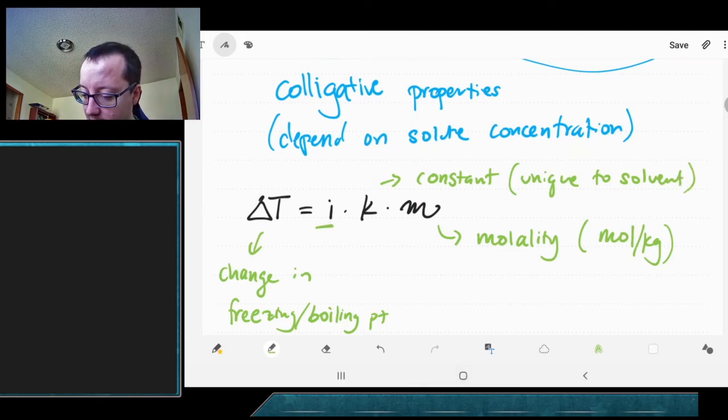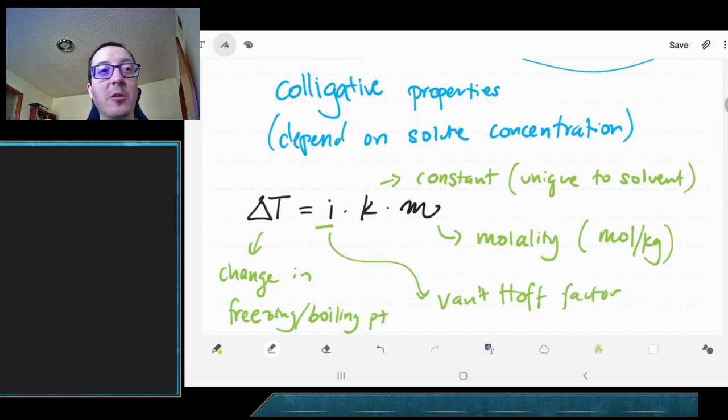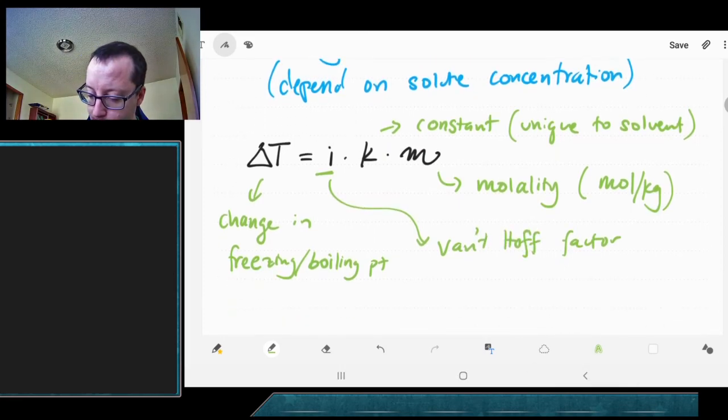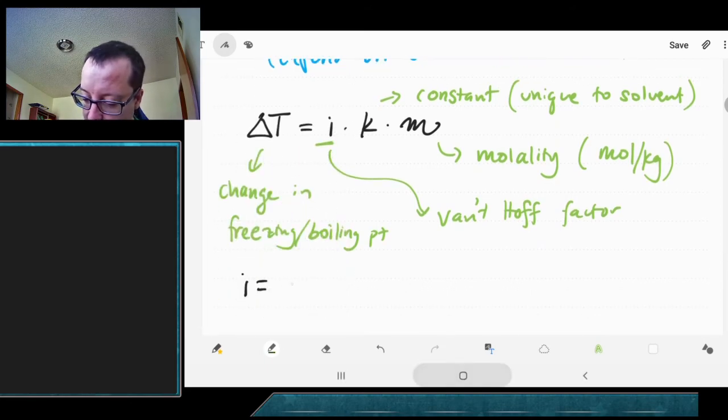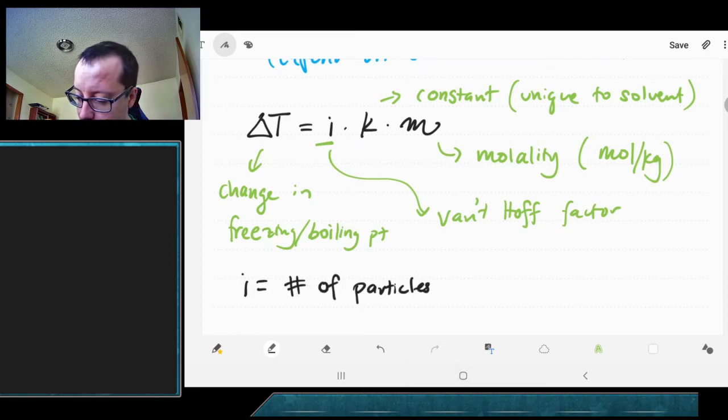Our last thing is this i business, which is called the Van't Hoff factor. That's the one we don't know quite yet. For this, i is equal to the number of particles this solute will break into.